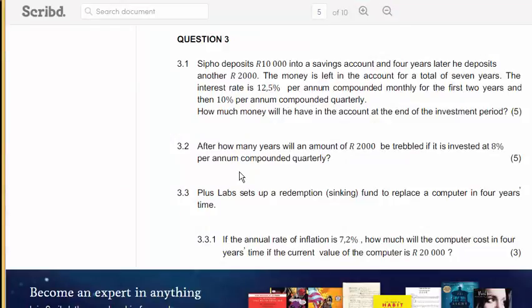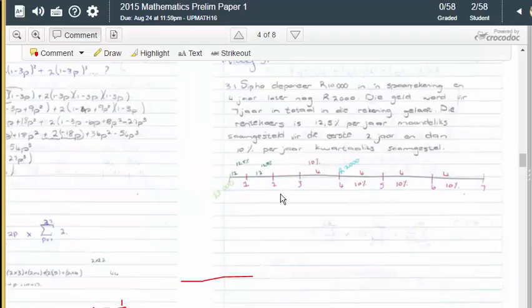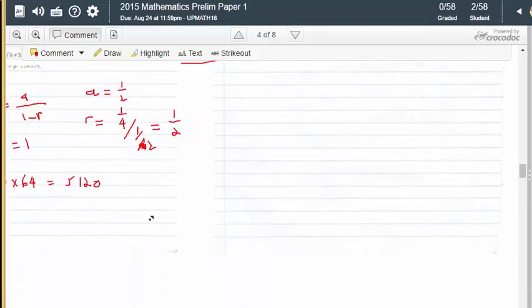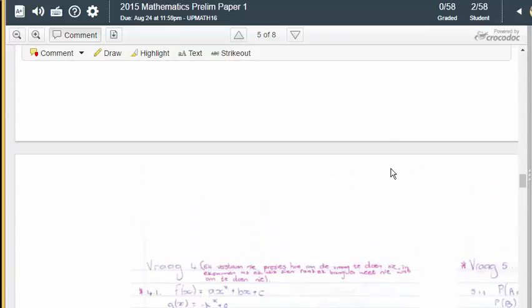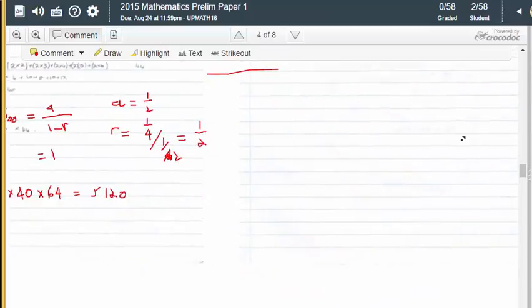Next question. After how many years will an amount of 2,000 rand be trebled? Trebled means it will become 3 times as much if it was invested at 8%. And I think student 1, you stopped financial maths completely, and you didn't even attempt it.